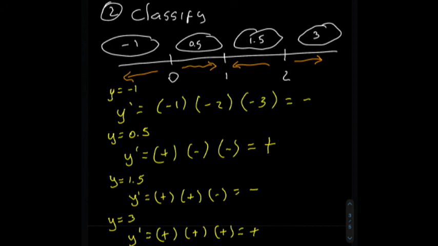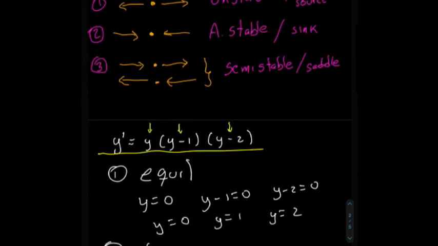Now we classify. Remember, when we have a point with two arrows pointing away from it, that's an unstable solution. If the two arrows are pointing toward the point, it is asymptotically stable.